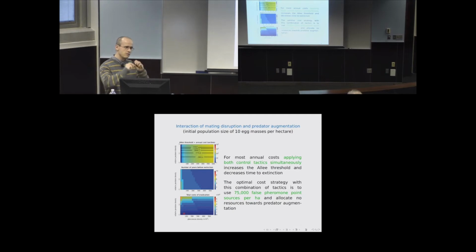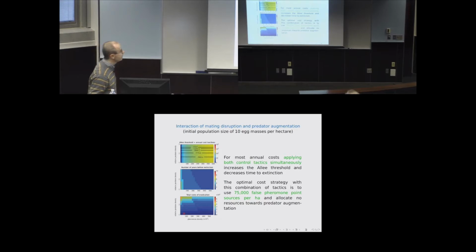These are like pheromone flakes spread from the airplane. This value is just an approximate value, which for our parameters gives the most efficient control for this combination of tactics.